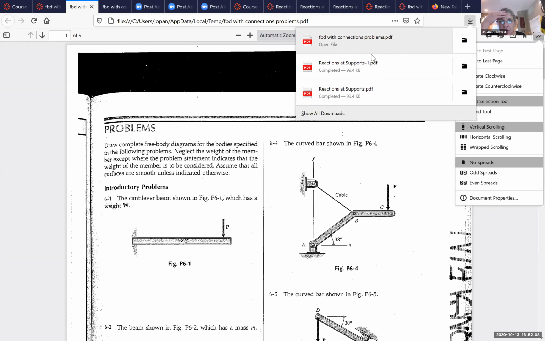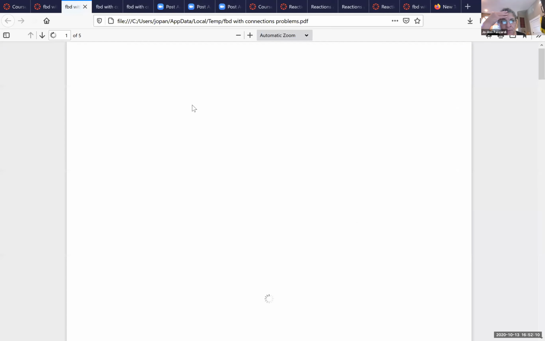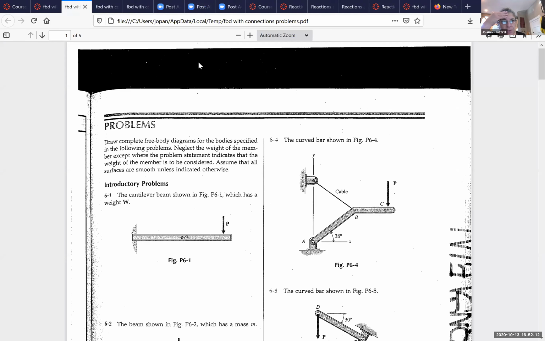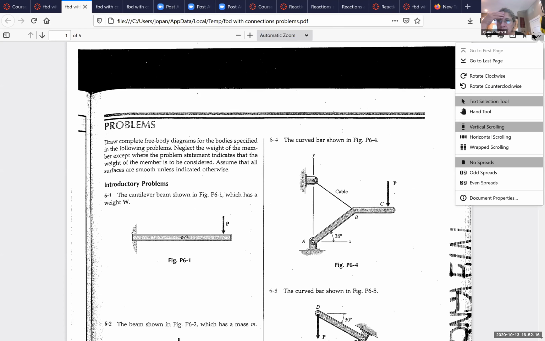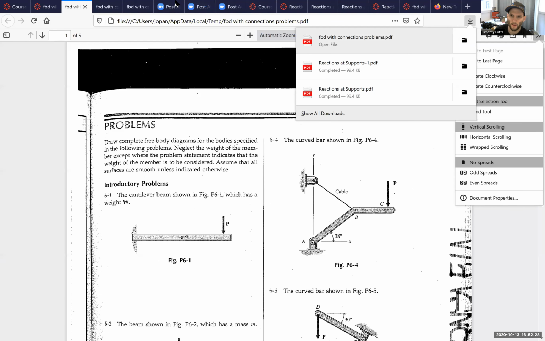I'm trying to open up a file as a PDF, but it keeps opening as a web document. So Joanne, it's opening as a PDF, but in Firefox. How do I get it out of Firefox? Go back to your downloads, click on the downloads up top right, and open that.